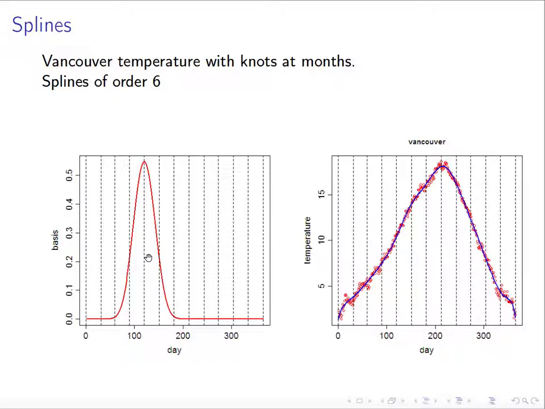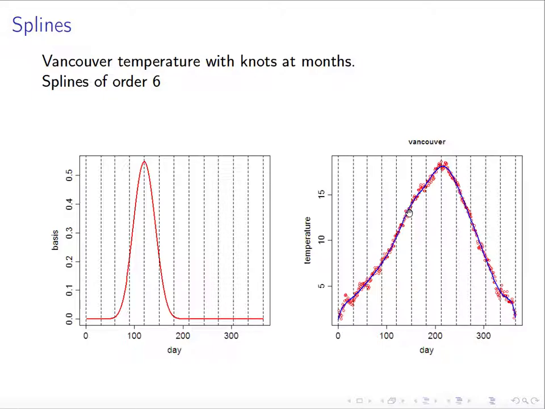Therefore, when we choose B-spline basis functions, we will choose the order to be cubic, and then we will try to select a different number of knots. This is the main principle, because you can see that even if you use high order B-splines, the fit will not change too much.